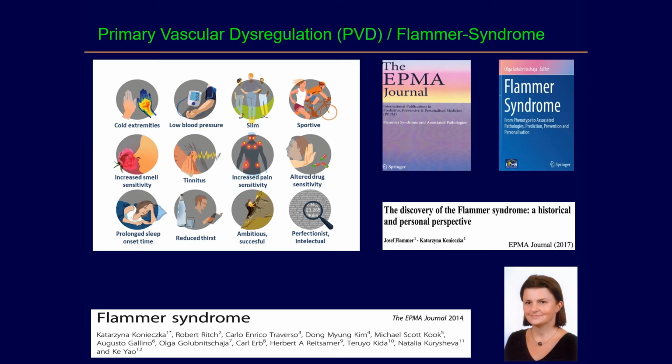Now we will briefly come to a special clinical situation, namely primary vascular dysregulation. If blood vessels are not regulated according to the needs of the tissue, it is called vascular dysregulation. If this is not caused by a disease, but rather by a predisposition, it is called primary vascular dysregulation, PVD.